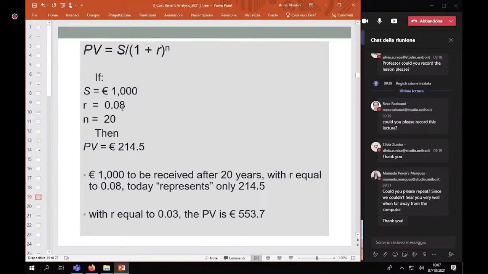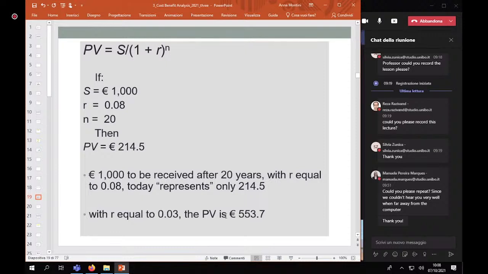If I change the discount rate, instead of 8%, I consider 3%, the present value will become more than the double of the previous one. So the choice of the discount rate is very important because it has a strong influence on the present value result. Okay?